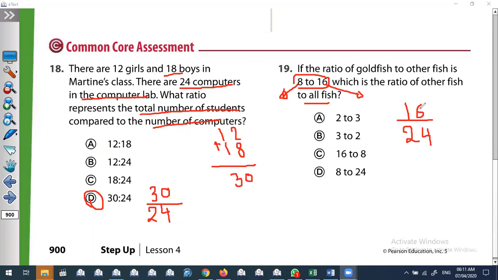So it will be 16 to 24. I don't have 16 to 24. Okay, simplify. 16 and 24, both of them in the table of 8. So 16 divided by 8, 2. 24 divided by 8, 3. So it will be 2 to 3.